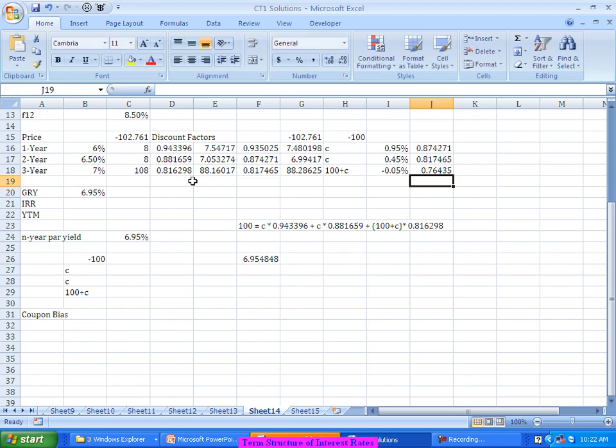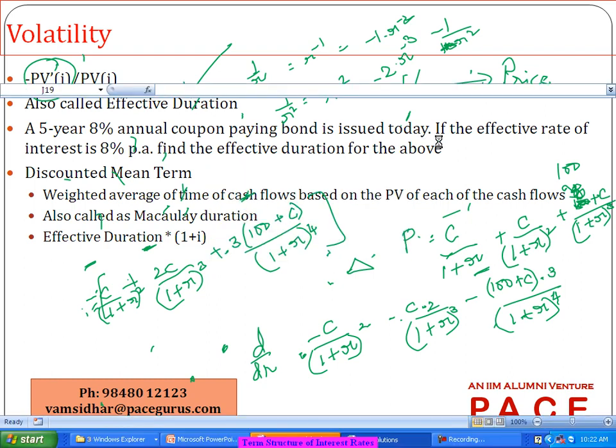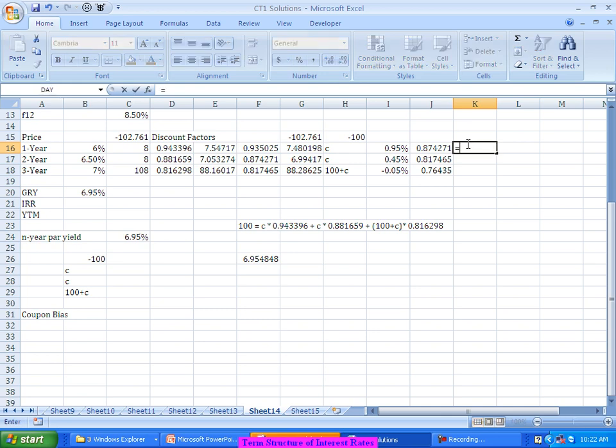These are the revised discounting factors, and C, 2C and 3 times the third one. 1 time the first one. So I will do this as 1 times the first cash flow into the first discounting factor. Then 2 times the second cash flow into the second discounting factor.